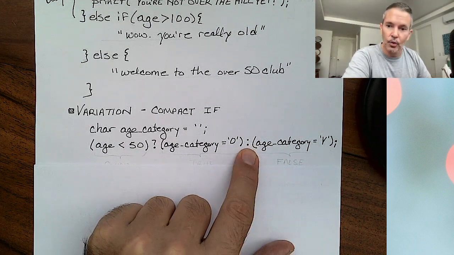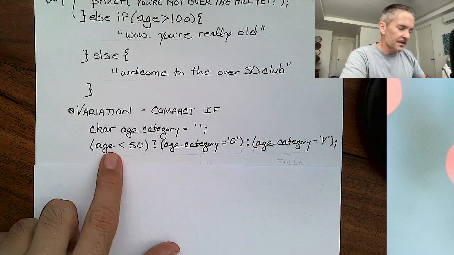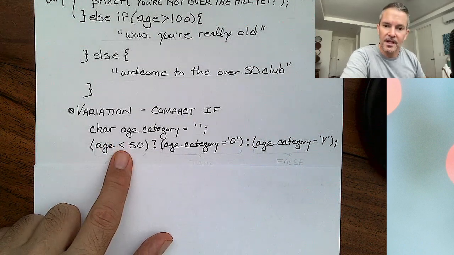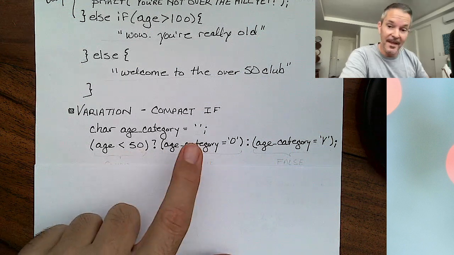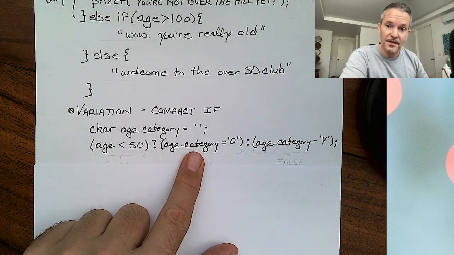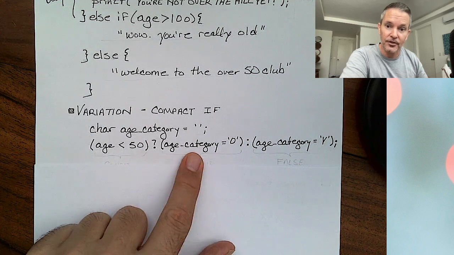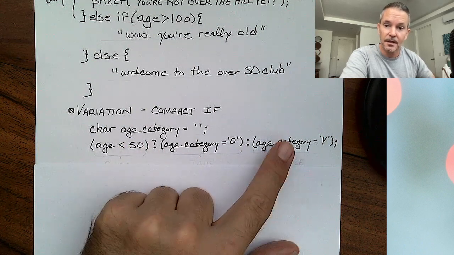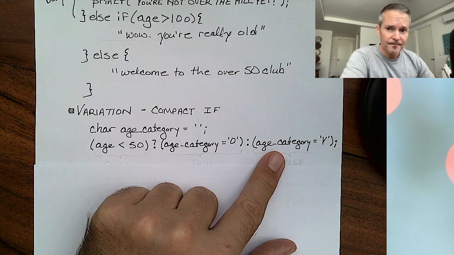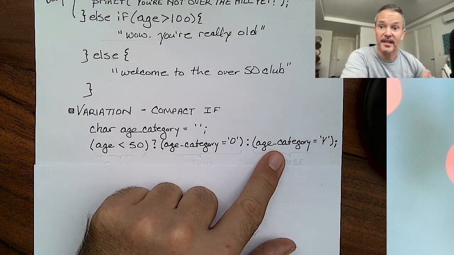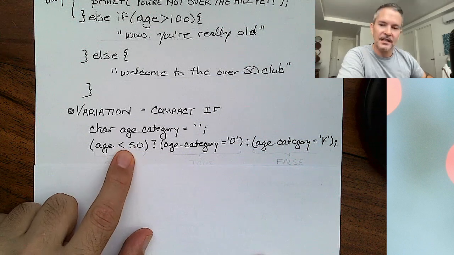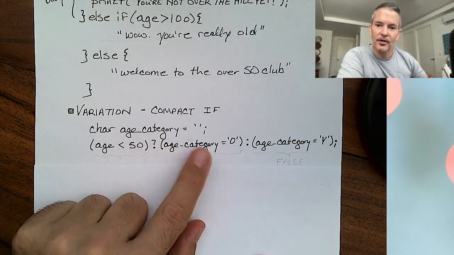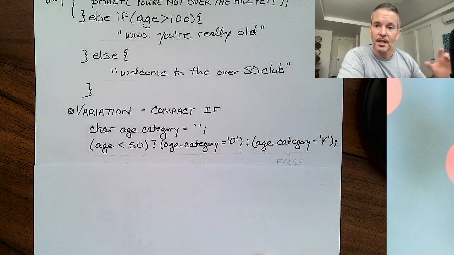Separated by a colon. What this is saying is, evaluate this conditional statement. If it's true, meaning if it's non-zero, then execute this first statement that I've placed after the question mark. If it's false, execute the second statement. This is another kind of if-else statement. So here I'm saying, hey, if age is less than 0, I'm going to set your age category to be O for old.